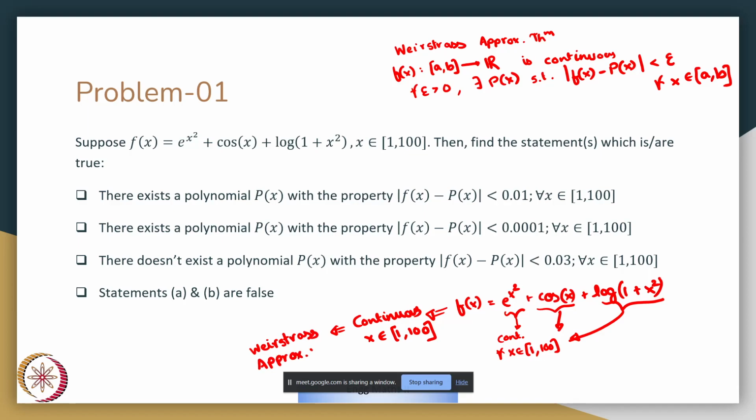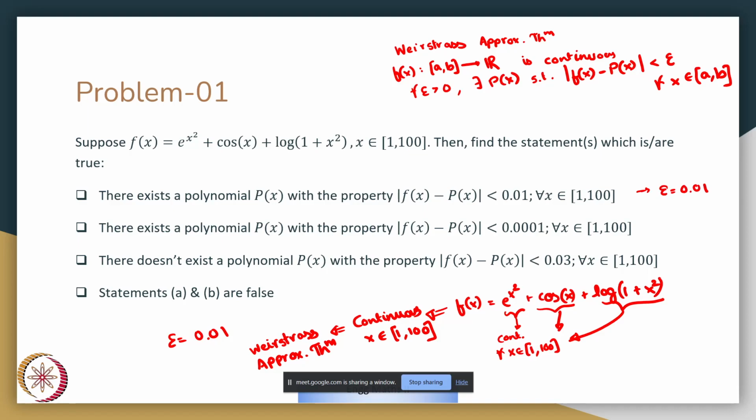So in our case, we can choose a certain epsilon value. Suppose we choose epsilon equal to 0.01, then we end up with the first statement, which is that there exists a polynomial p of x such that modulus of f of x minus p of x is less than or equal to 0.01 for all x belonging to 1 to 100. So here the only thing is epsilon is equal to 0.01.